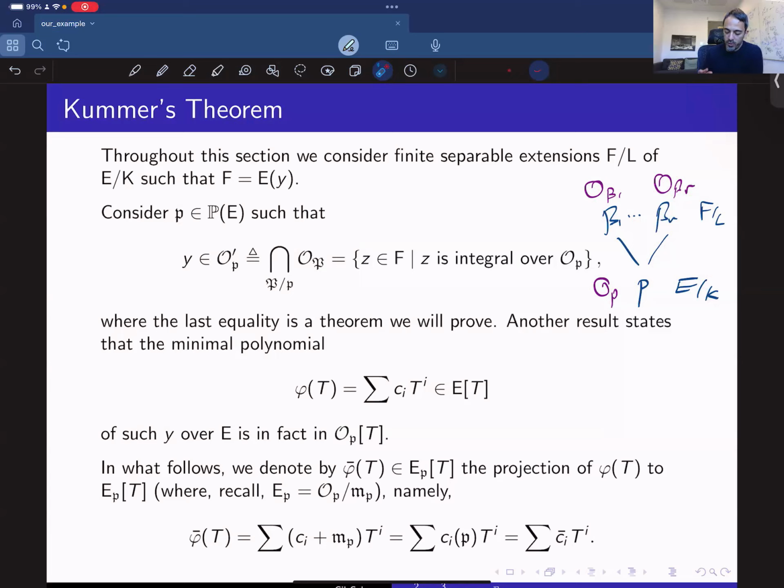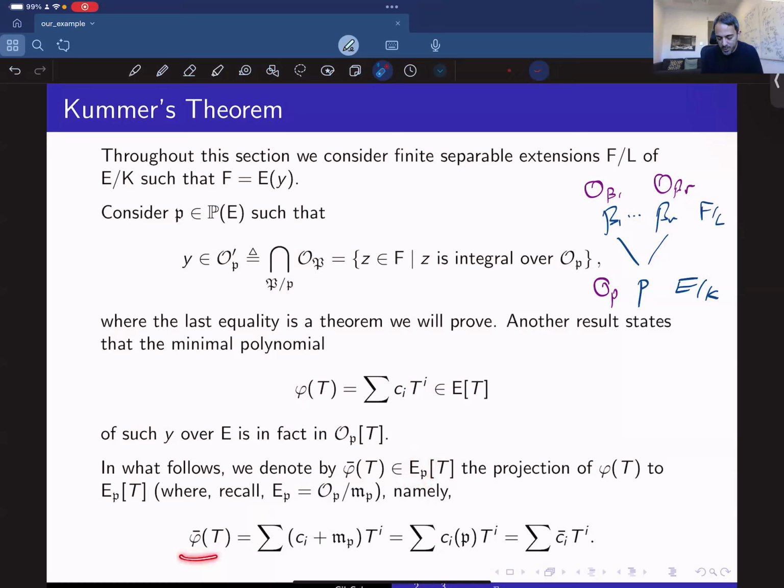Okay, so in what follows, given a phi that has coefficients in OP, we are going to define phi bar. That's going to be a new polynomial over the residue field, EP, of OP. Phi bar is obtained, as written here, by projecting the coefficients of phi modulo MP. So taking a coefficient which is in OP and evaluating it at MP, or the point, to get a coefficient in EP.